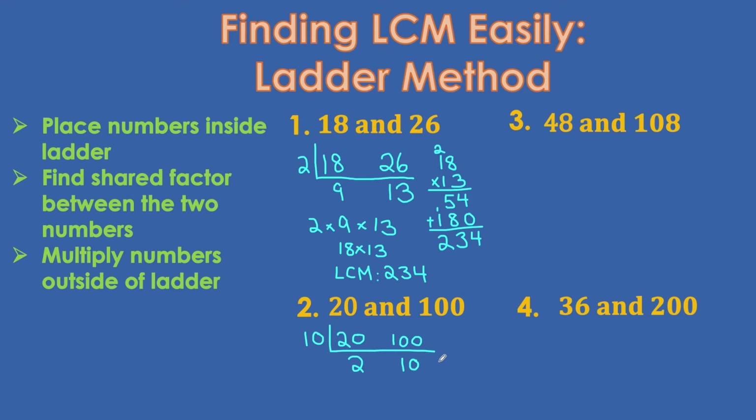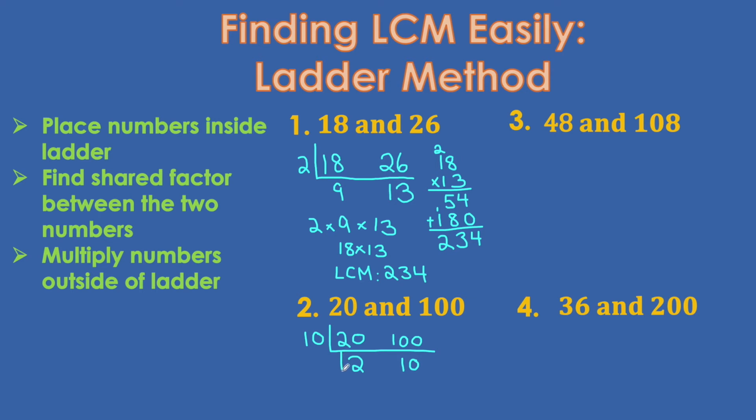Now we see it's a little bit different because now we're not finished here, whereas in the first example, we were already finished and we could get to our answer, multiply the numbers outside. But here, you're just going to keep finding the factors if there are any left. So you think of another factor between 2 and 10, which would be 2.